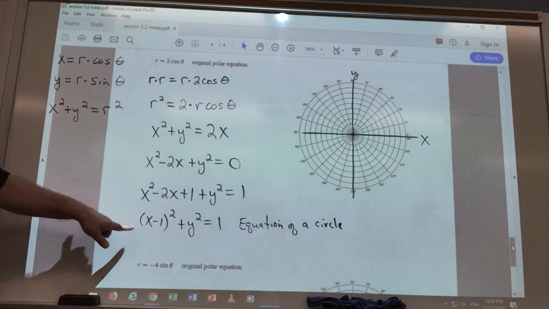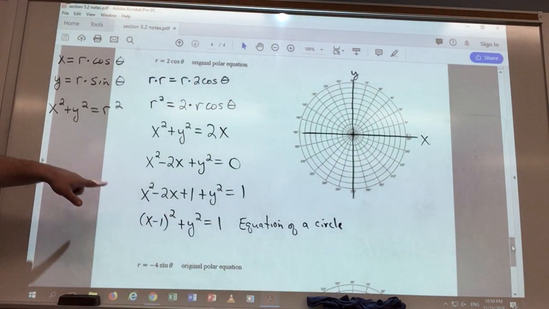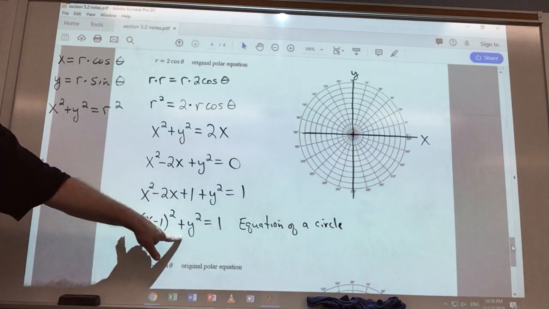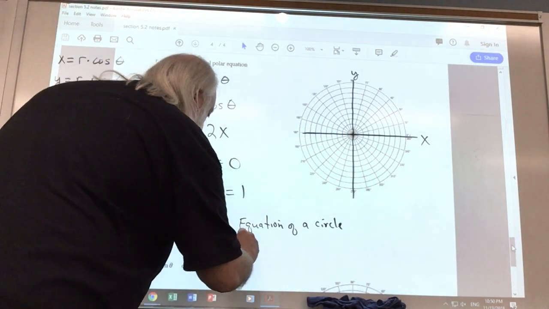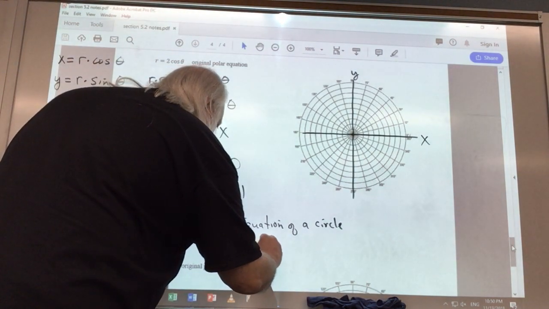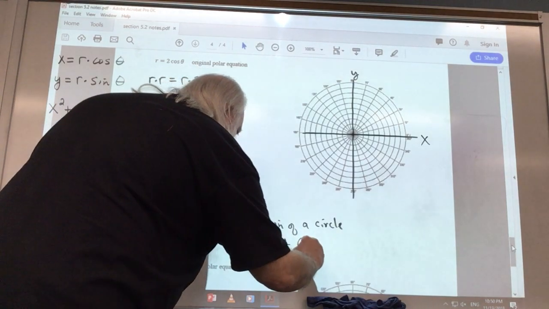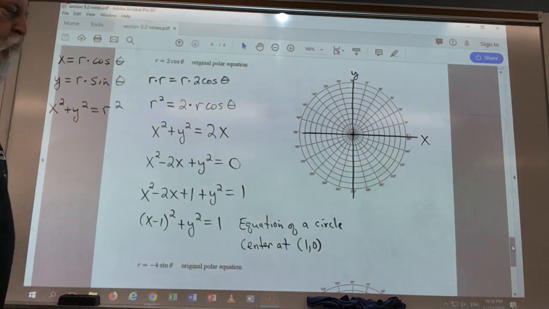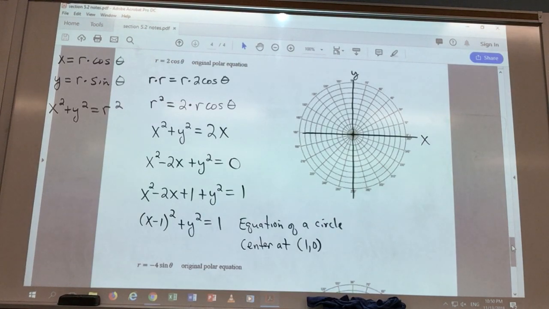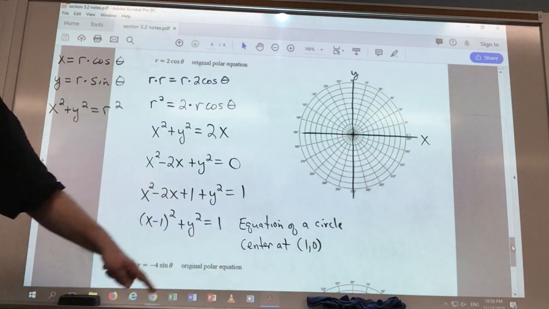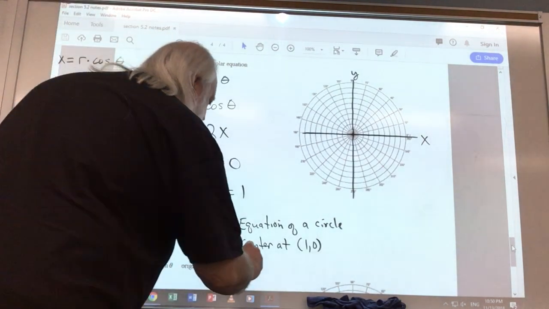Its center, though, is not at the origin, 0, 0. It's at the point 1, 0 on the x-axis. And since r squared is equal to 1 squared, the radius is equal to 1.